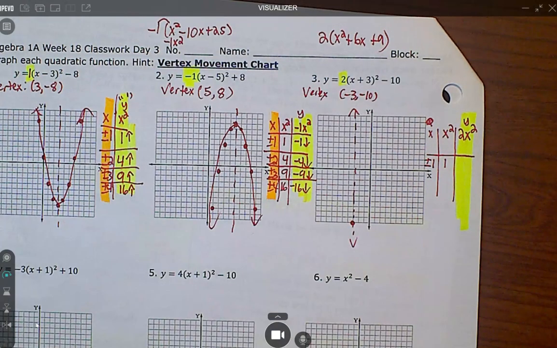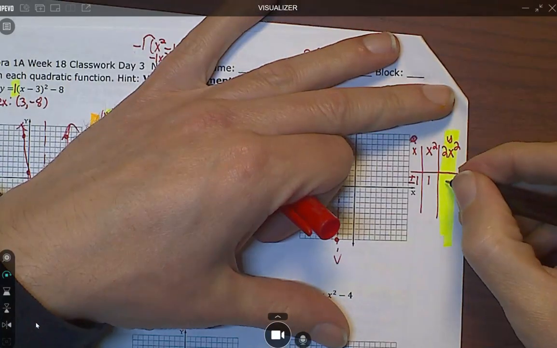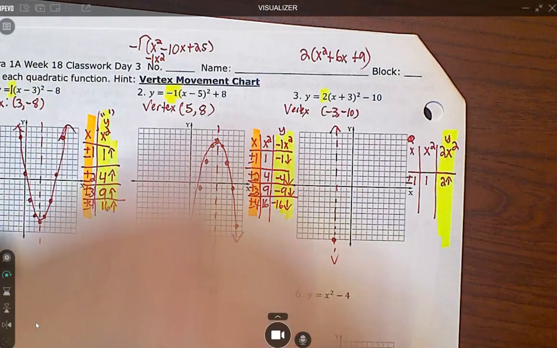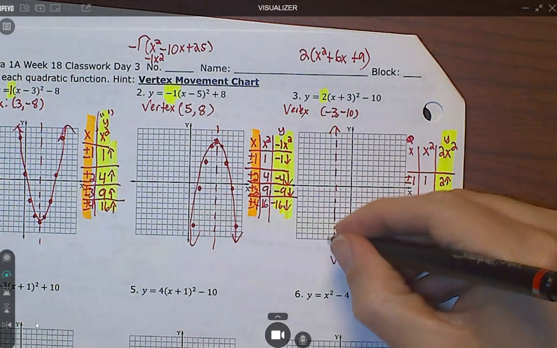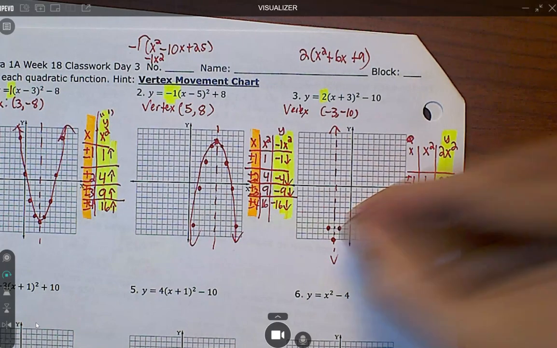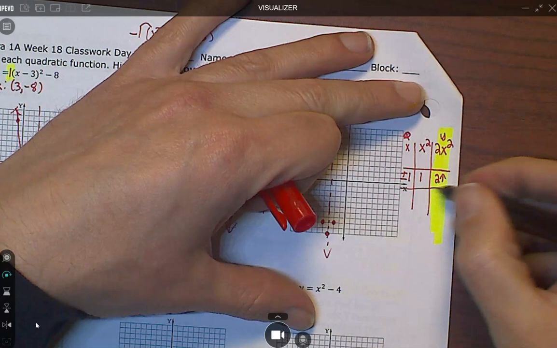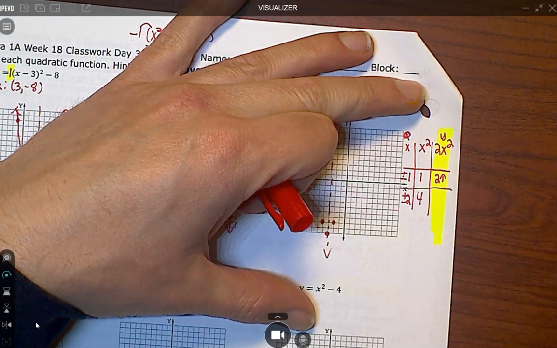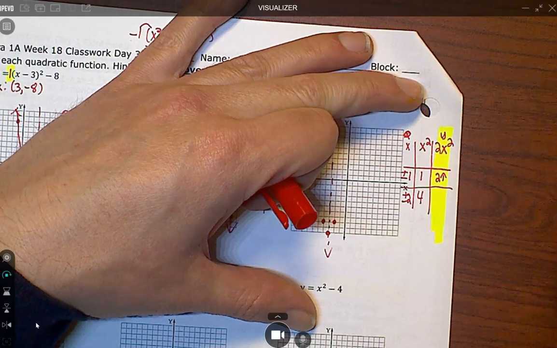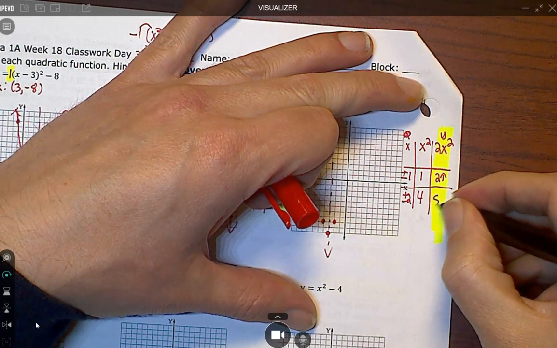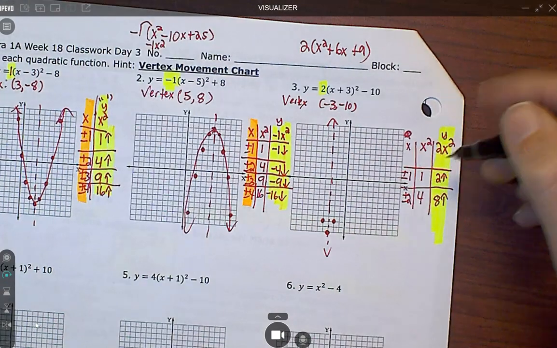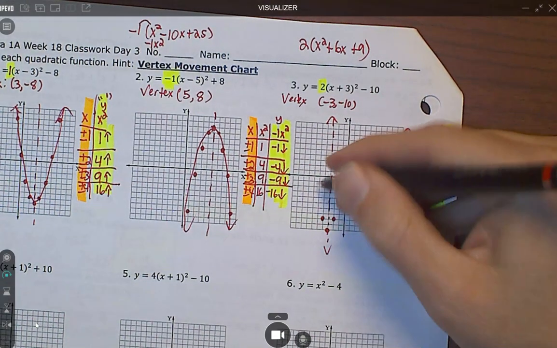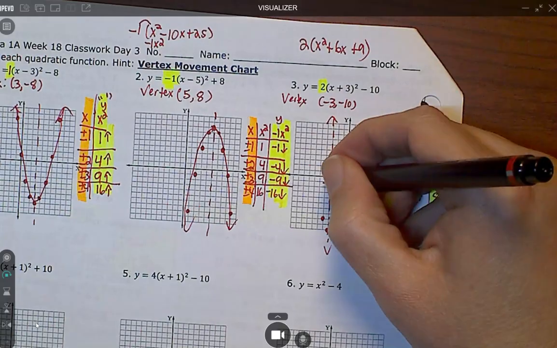So normally I'd go up 1, but I have to do 2 times 1, so I go up 2. If I go left or right 2, 2 squared is 4. Well, we're doubling that. 2 times 4 is 8. So we're at negative 10, so that would put us up at negative 2, because that's 8.